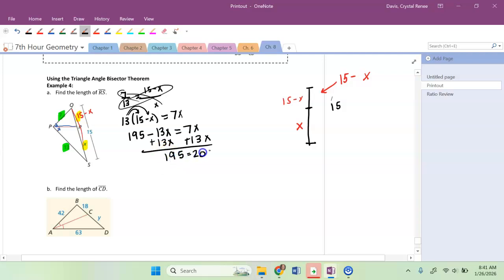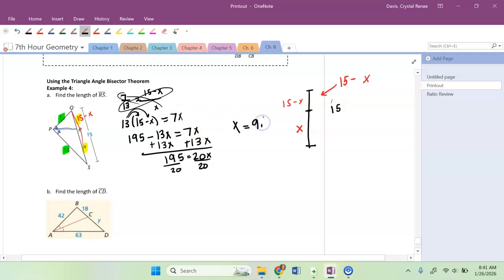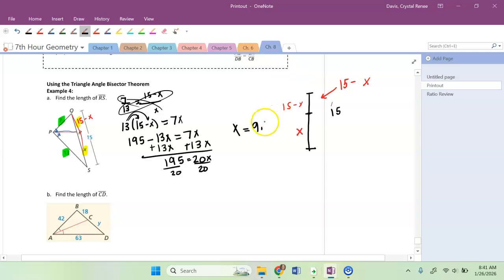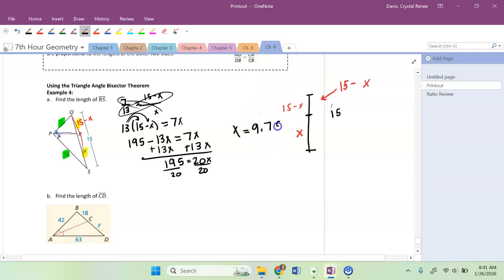Is equal to 20x. Seven five would be your answer.